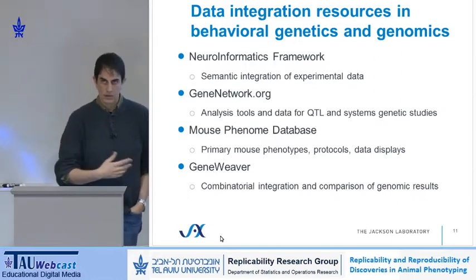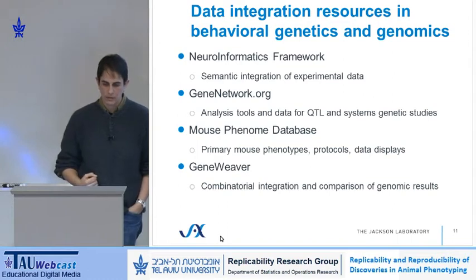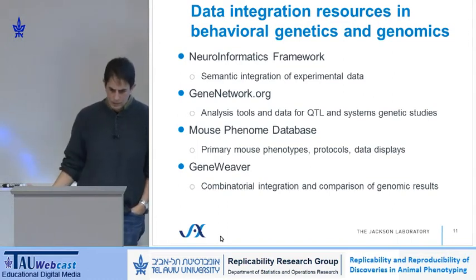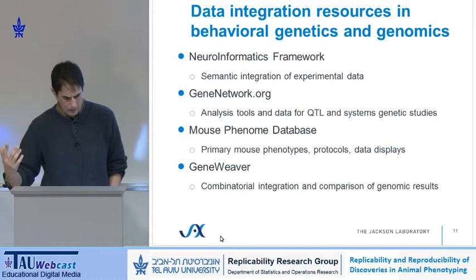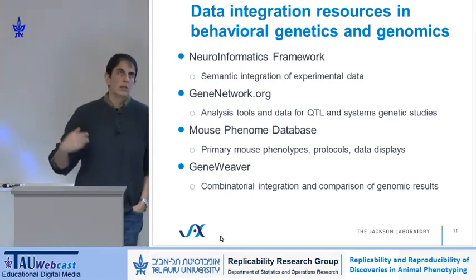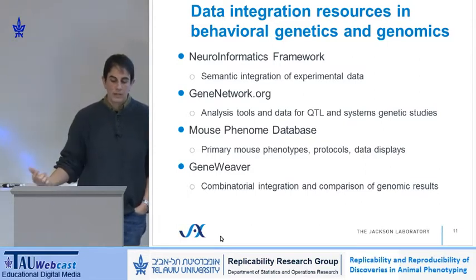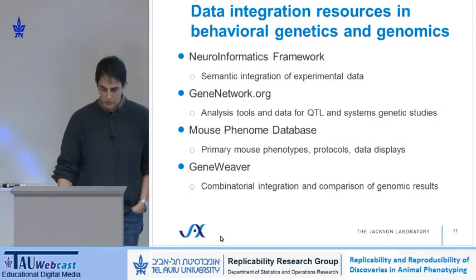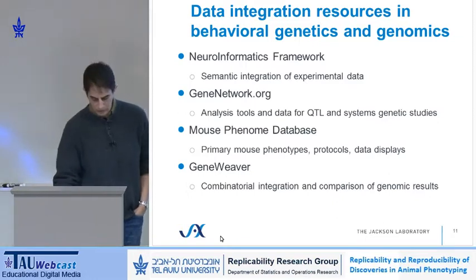And we heard and saw several examples of people using the data from that resource. And the system that I've been developing since about 2007 now is geneweaver.org, which allows people to collect and aggregate and analyze sets of data using combinatorial algorithms to compare genomic results across species.